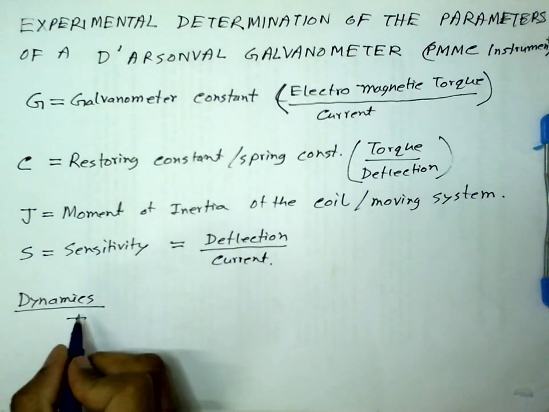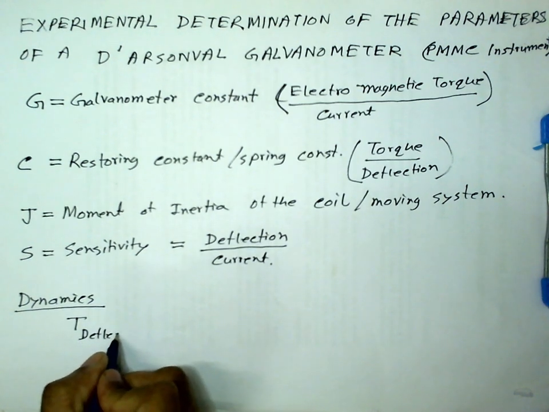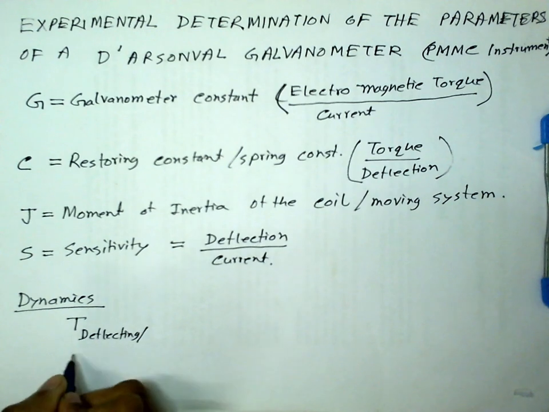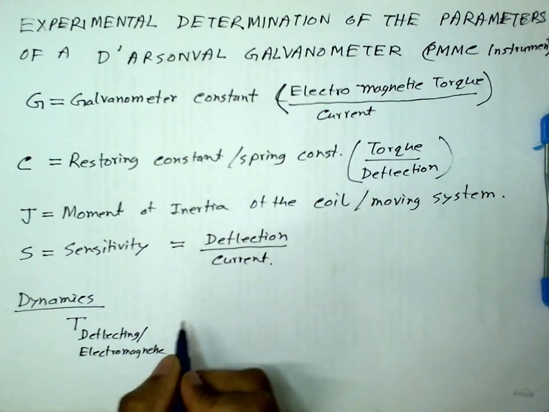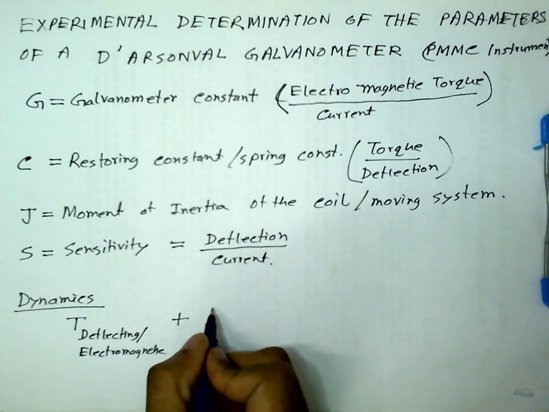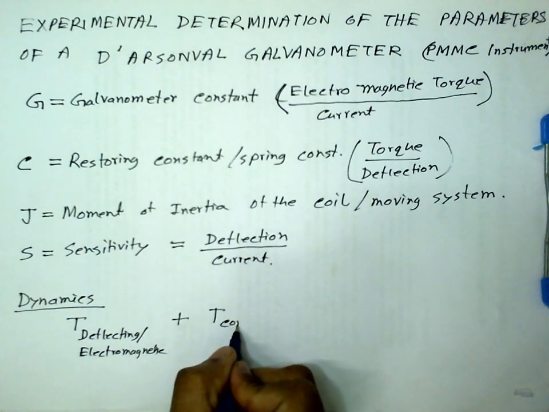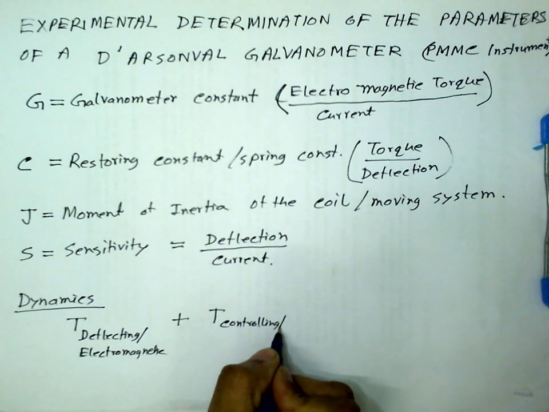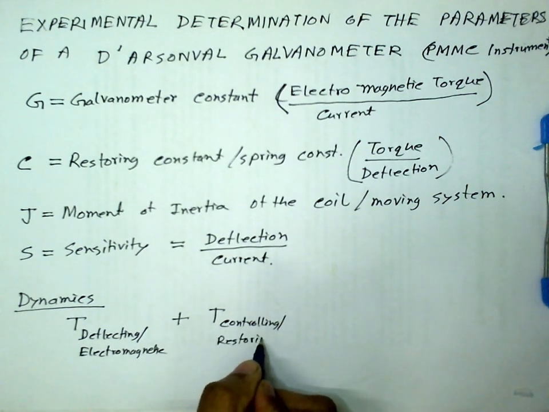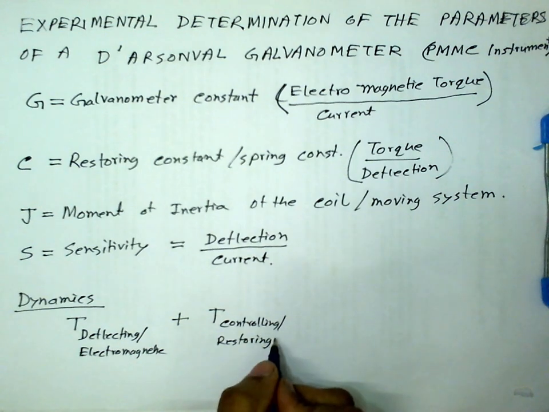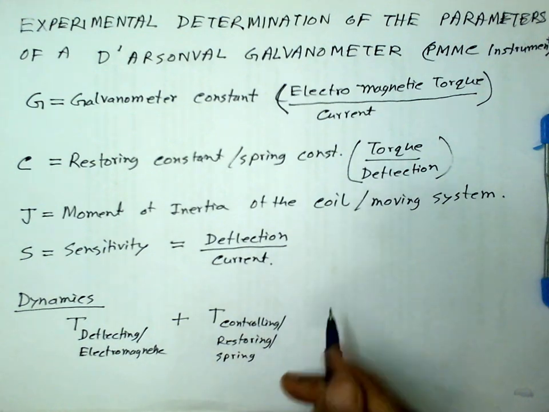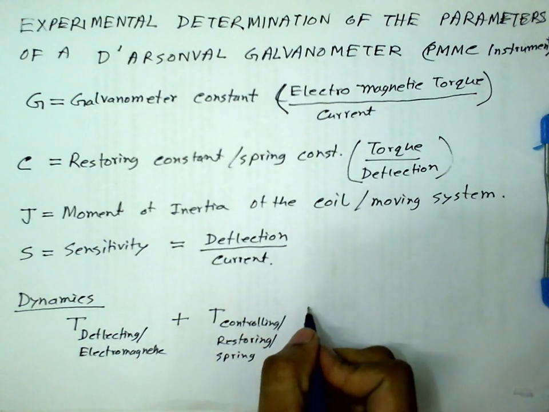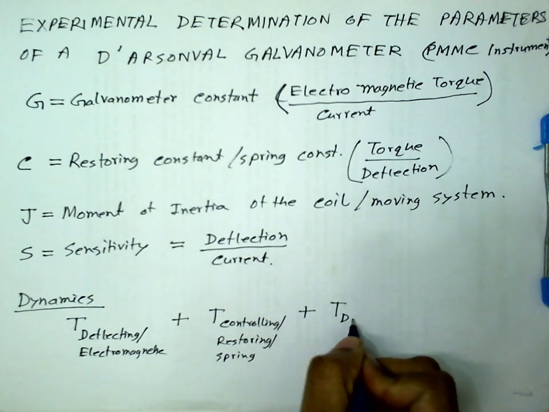Number one, torque deflecting, or electromagnetic, which is caused by the flow of current and tries to deflect or turn the coil, plus torque controlling, or restoring. This is the torque caused by the spring, which tries to hold the coil at its zero position, plus damping.